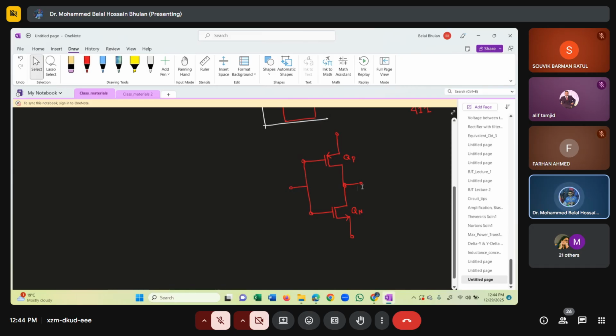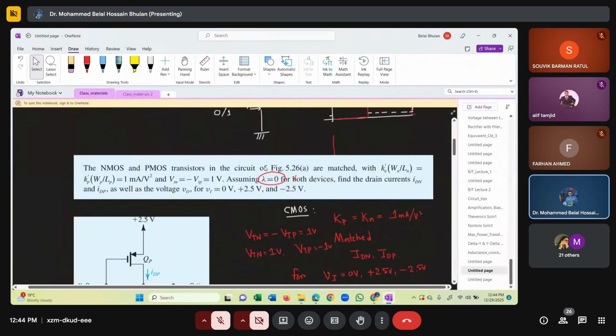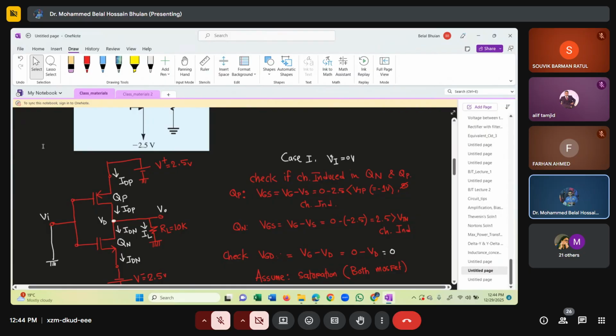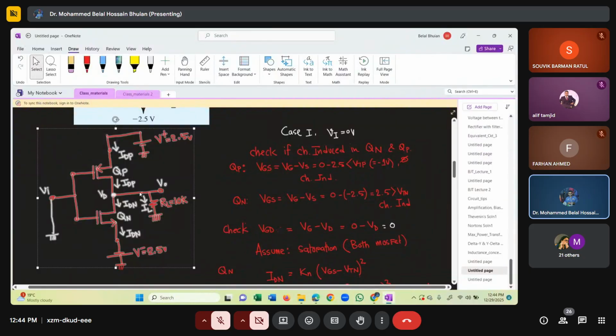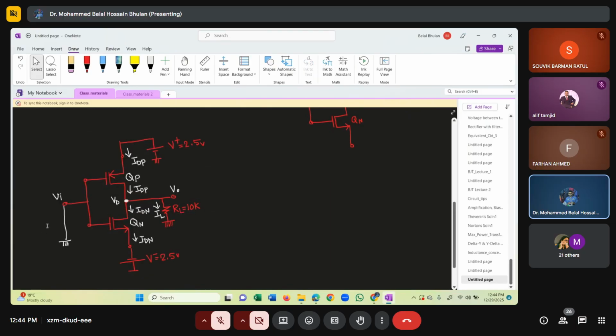Now, for NOT gate implementation, we're going to use the following circuit.